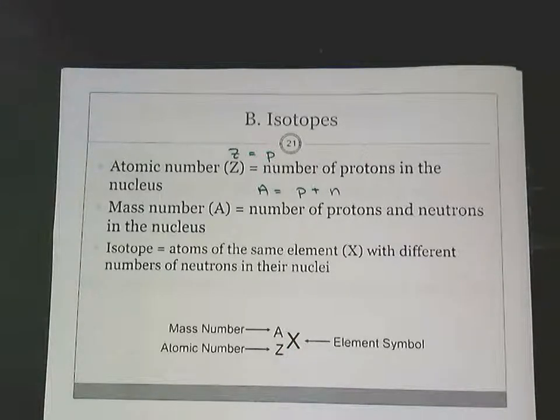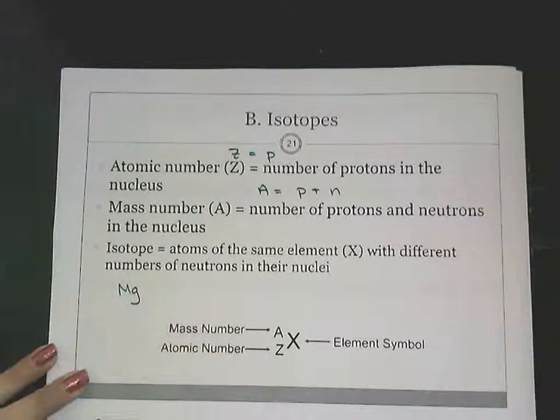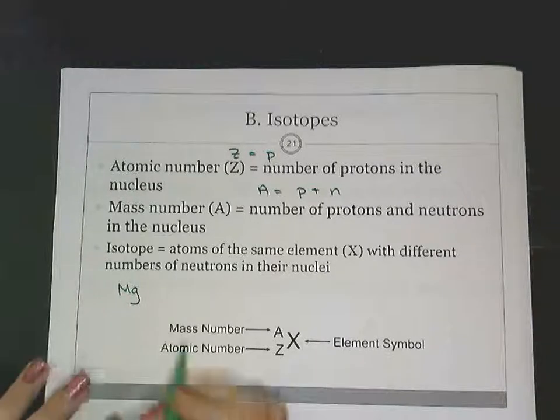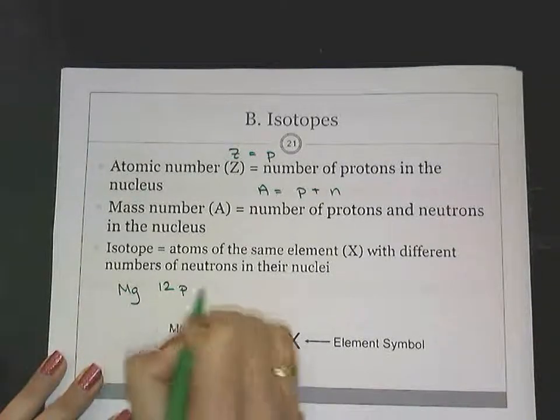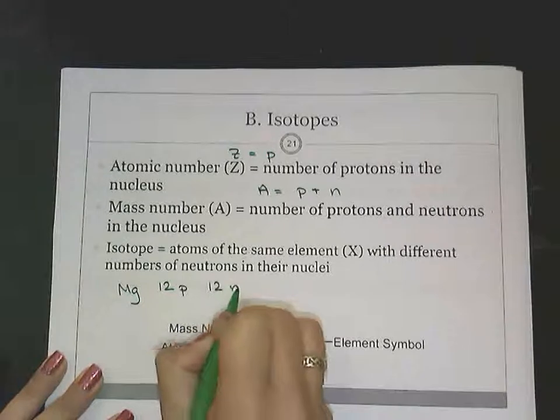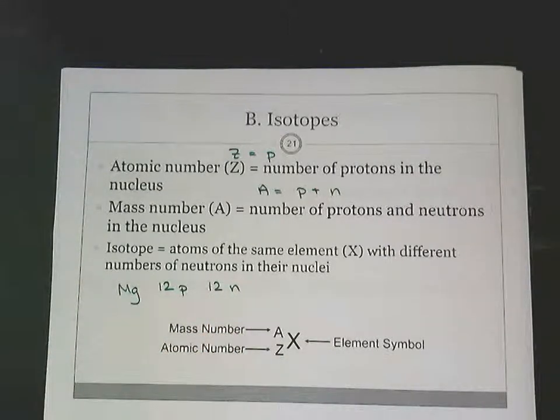So let's say I have my magnesium, again, that had 12 protons and 12 neutrons. Does everyone understand that very tricky P means protons, N means neutrons? I just don't feel like spelling them out over and over again. First question, let's say magnesium is neutral.